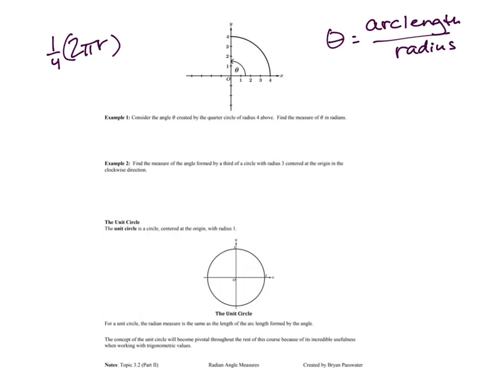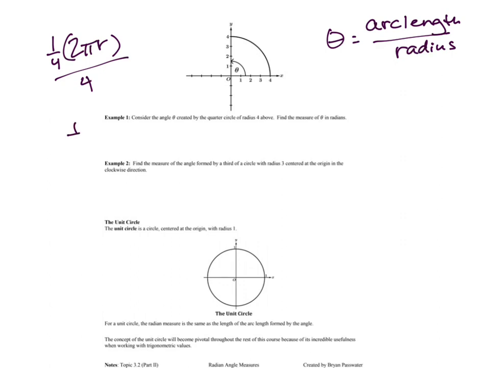Divided by radius, which is 4. I'm looking for theta. Theta is arc length divided by radius. Arc length is 2 pi r. It's the distance around. It's circumference. This time my radius is 4.